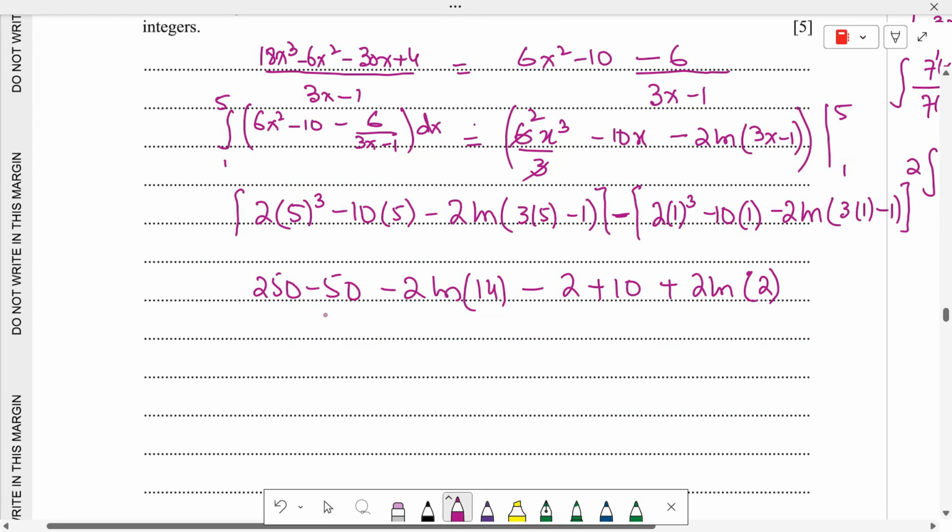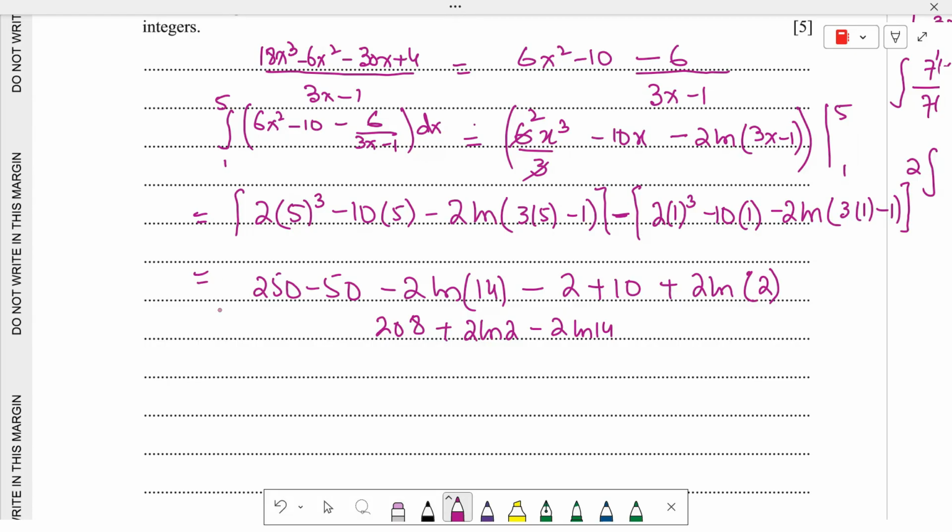So 250 minus 50 minus 10 is 200, 200 minus 2 is 208. So 208 plus 2 ln 2 minus 2 ln 14. Okay, further solving we will have 208 plus 2 common, ln 2 minus ln 14.